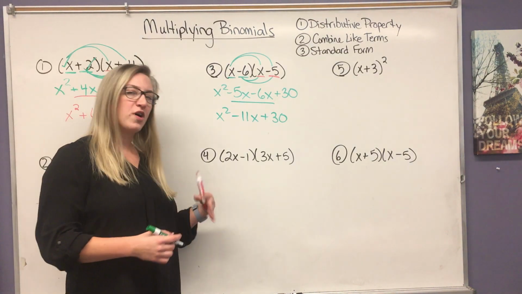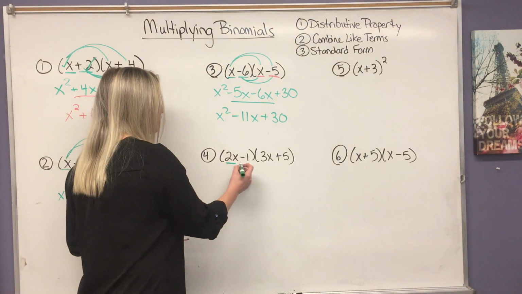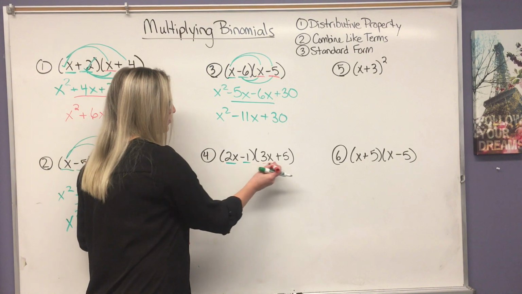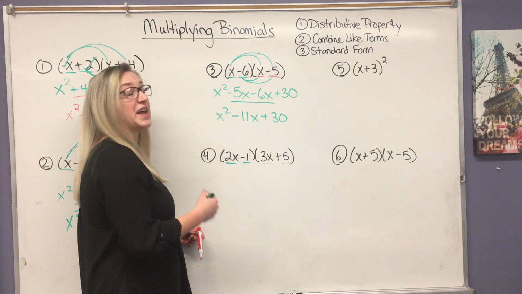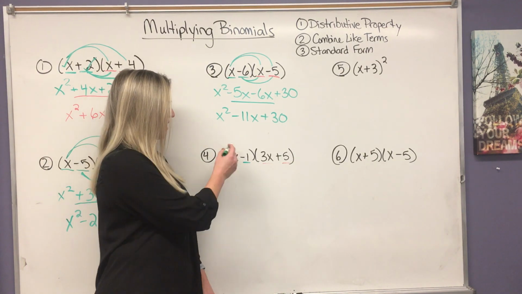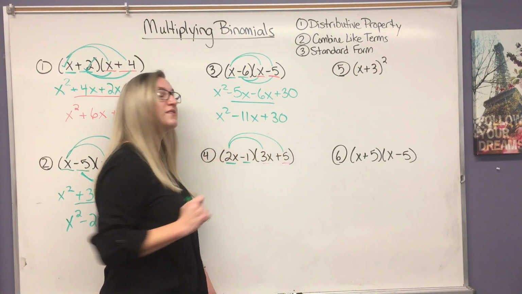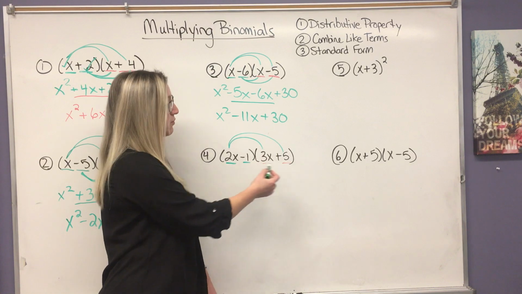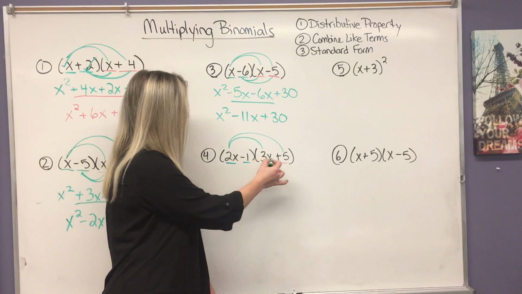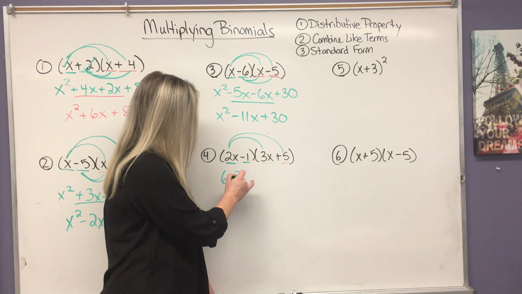Let's take a look at number 4, the next level. Two terms in the first parentheses, two terms in the second parentheses. So now we're going to multiply using distributive property. Take your first term, multiply him to everybody in the second parentheses. 2x times 3x is 6x squared.